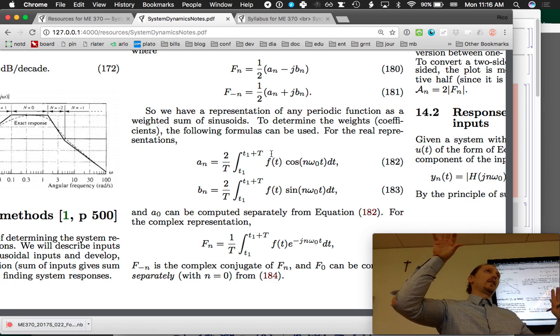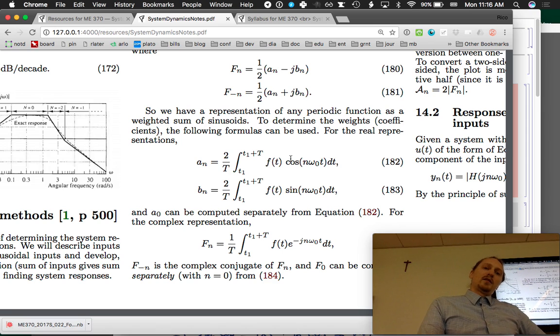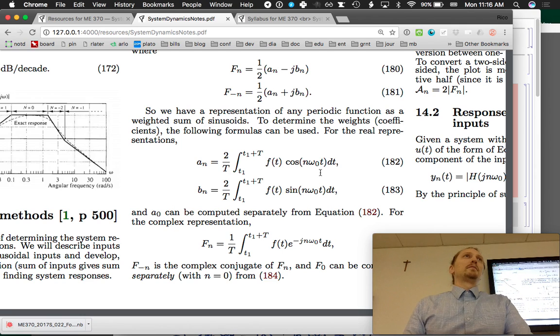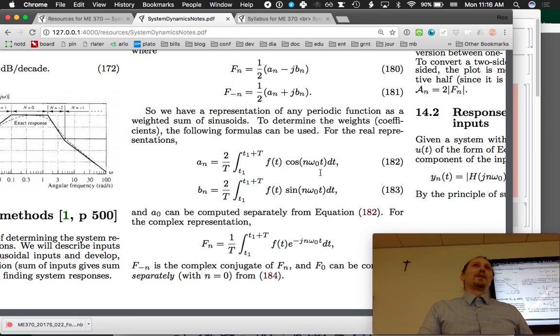It's totally valid. And if you integrate over a period, then you integrate the function over a period multiplied by cosine of n omega naught t. This is not obvious either, but this comes from a not too lengthy, but somewhat involved derivation that I'm not going to make you guys be subjected to.